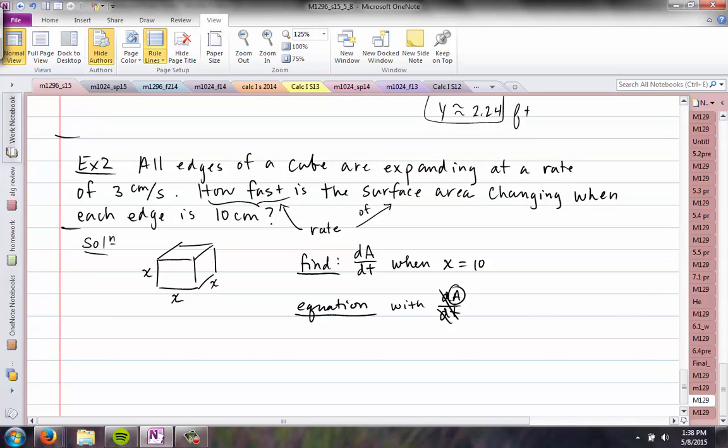And then I'm also given a rate, so it says that each of the edges are expanding at a rate of 3 centimeters per second. So given that I'm calling each dimension x, this is going to be dx over dt is 3 centimeters per second. So it also has to have an x in it.